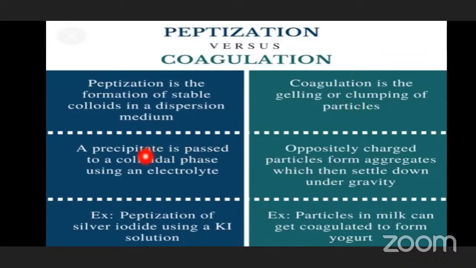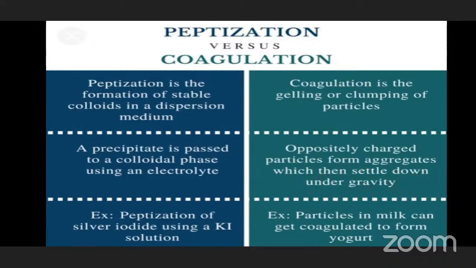Then the second point of peptidization: a precipitate is passed to a colloidal phase using an electrolyte. Here you have to use an electrolyte. Whereas in coagulation, oppositely charged particles form aggregates which then settle down under gravity.